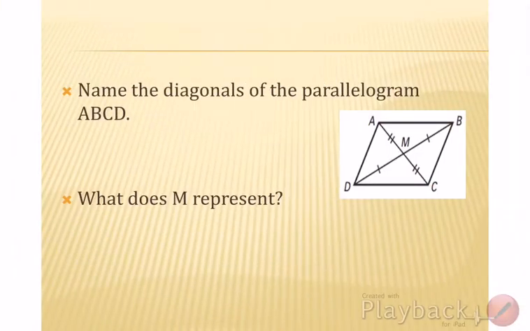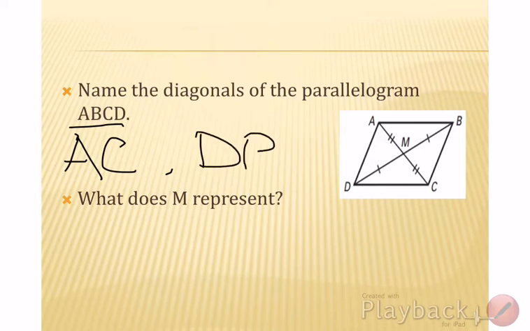Okay, how do we name the diagonals of this parallelogram? Well, we name it by the two endpoints, the two letters. That would be AC, and the other diagonal is DB. We are not going to say that they're congruent, not right now, and they're not labeled as being congruent.